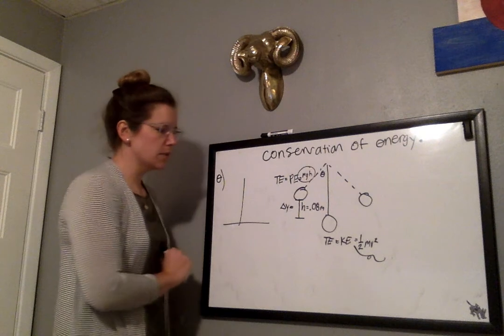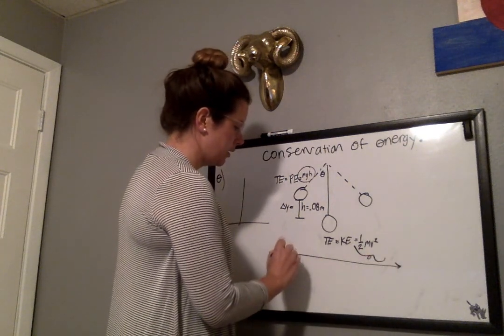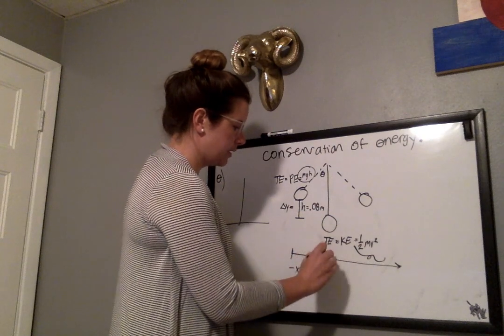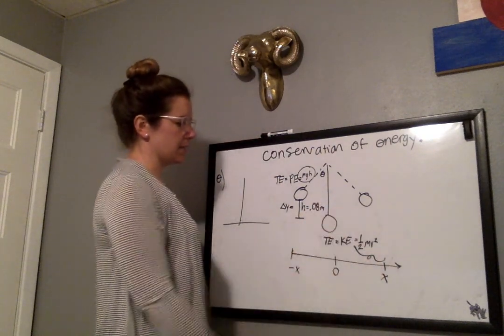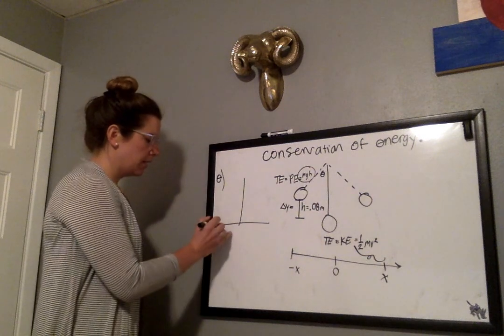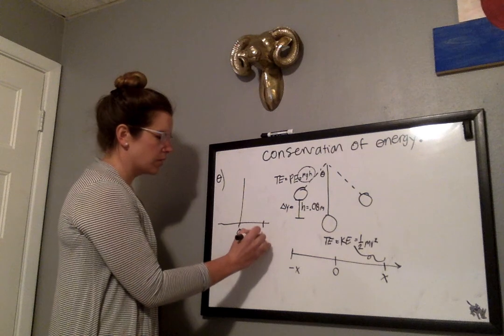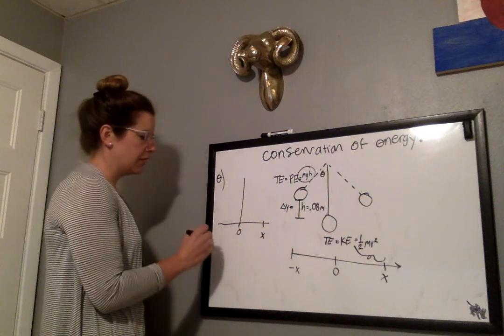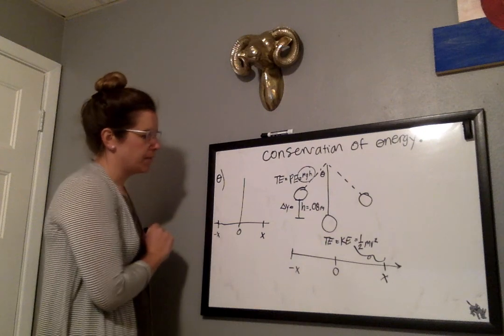It says horizontal distance, so we only care about this here. Let's say this is negative x, this is 0, and here this is x, the furthest distance it gets. So on our graph we have the same thing: 0, horizontal distance, it gets to some positive value x over here, and some negative value x over here.